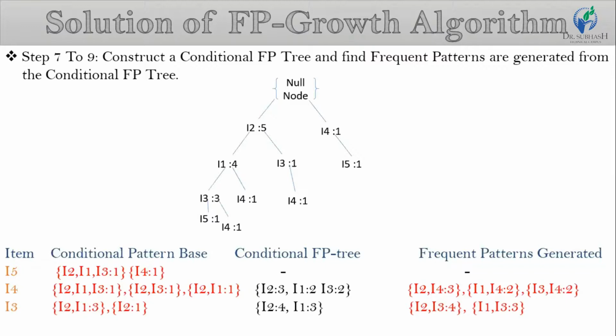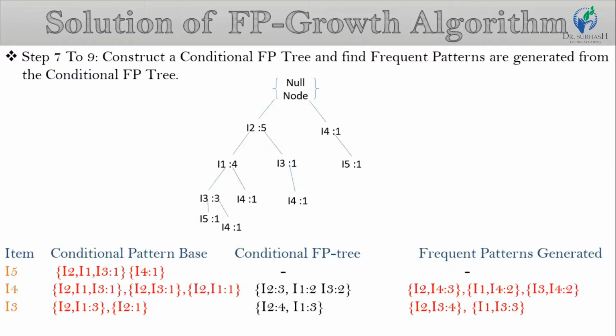In the first branch, I3 count is 3. In the second branch, I3 count is 1. So the prefix paths would be I2, I1: 3. Next branch is I2: 1.